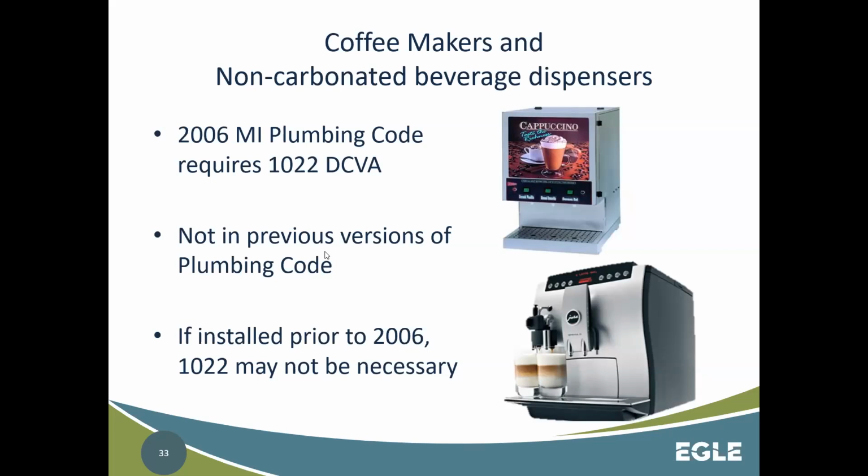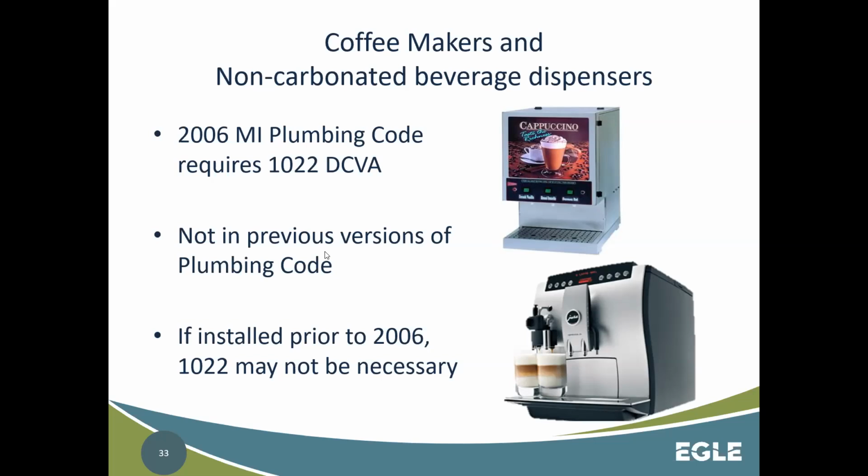So we've got this final note here: depending on when it was installed, it may or may not need to have this assembly included within it. This is going to be one of those things where, as more time passes, we're going to see more of these machines phased out. It should be more and more of these newer ones that do need and should have the 1022 included with it.